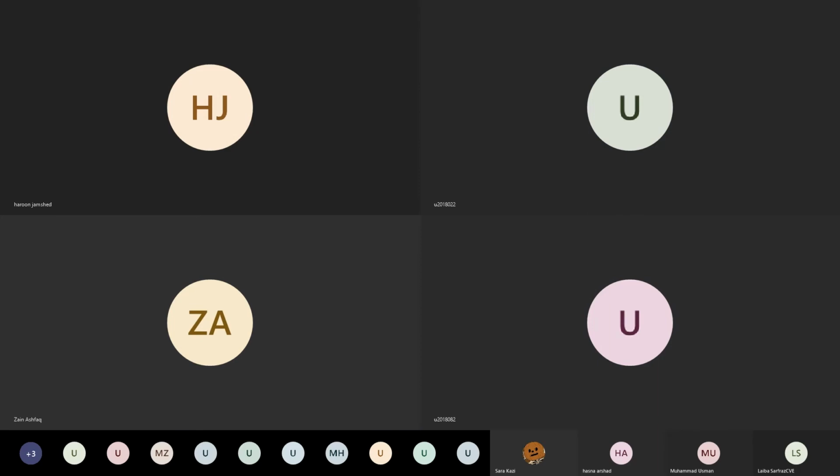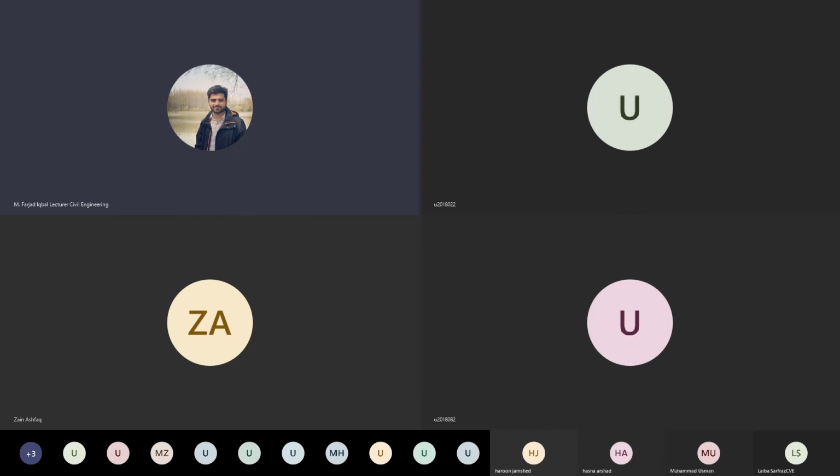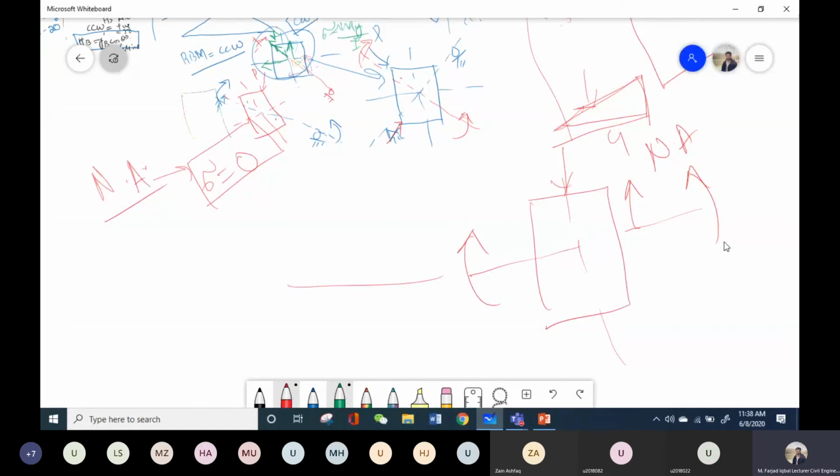So the question was whether the bending is always about the neutral axis. In the case of a symmetrical cross section, when the load was acting on the principal axis, the bending was being produced around the principal axis. This principal axis is perpendicular to the applied load.